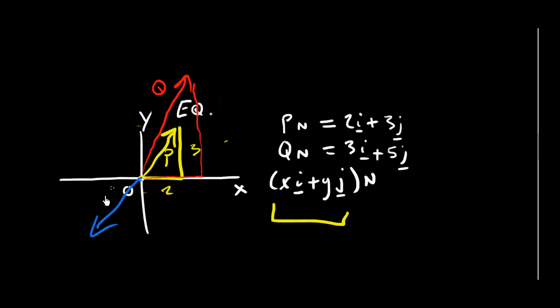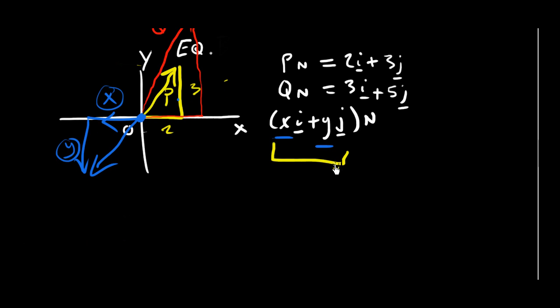So probably X and Y will come out to be negative, because the X and Y components are going to have to be down and left. This would be X and this would be Y, the magnitude. So they're asking us for how big that has to be in order for Q and P to be cancelled and the particle to stay there in equilibrium. So they give us this and that, and they ask us for this. So let's see how that works.